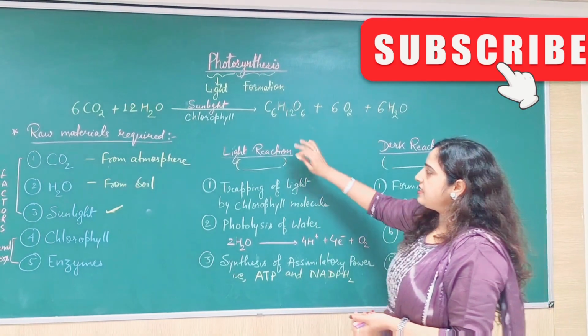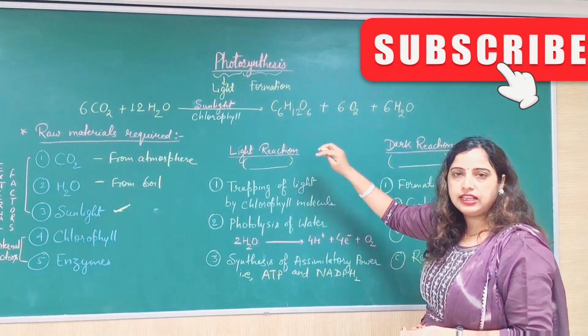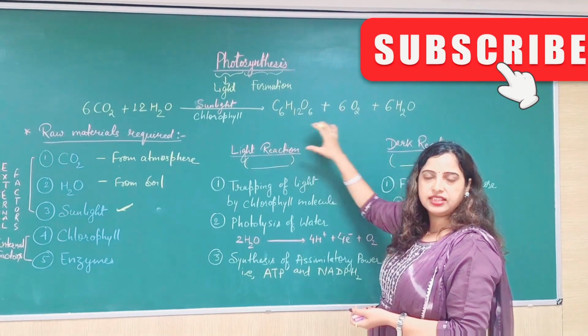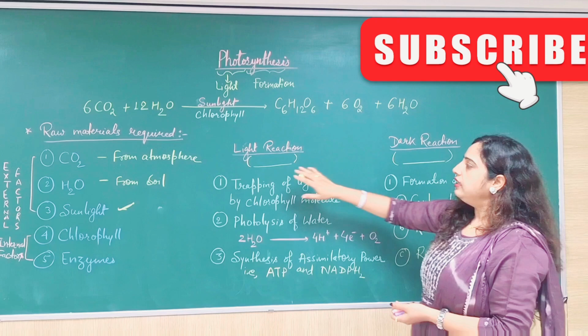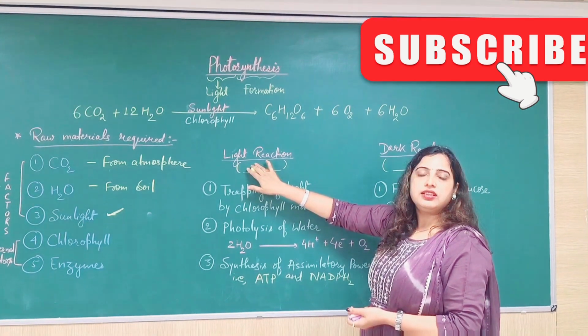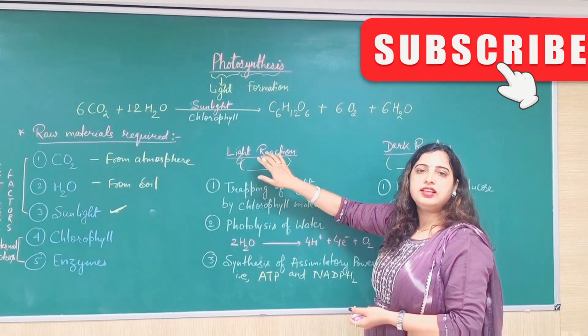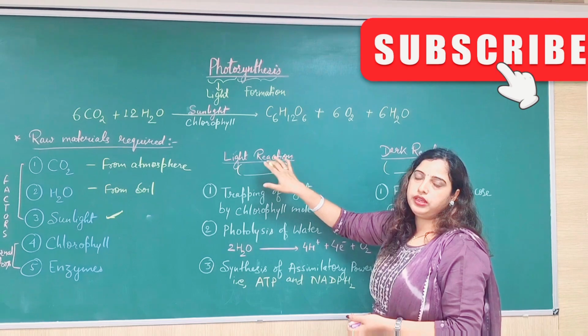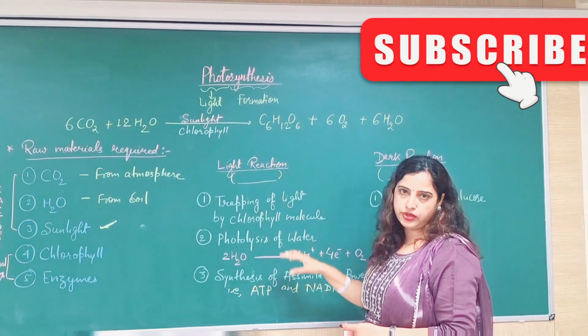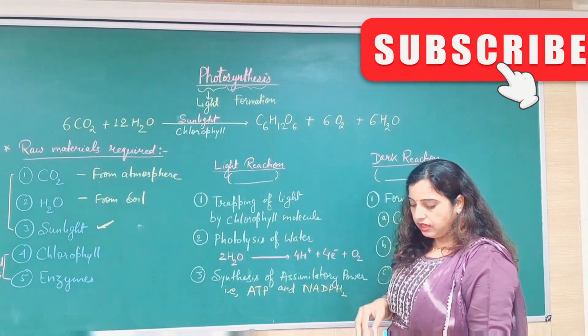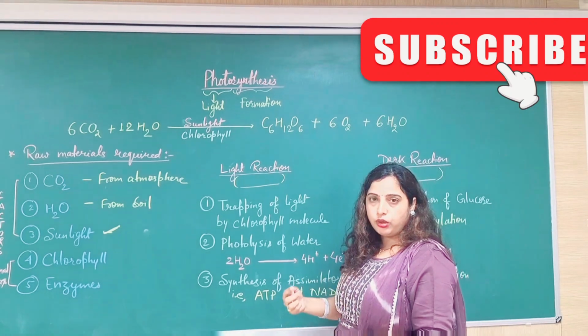This photosynthesis is further classified into light reaction and dark reaction. Light reaction, the name itself suggests light is a must. So it is called light dependent reaction. Where will it occur? In the chloroplast.